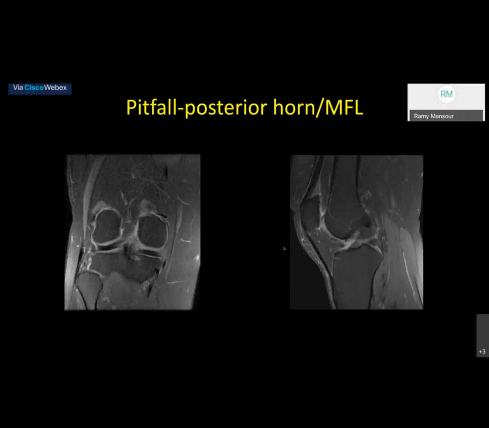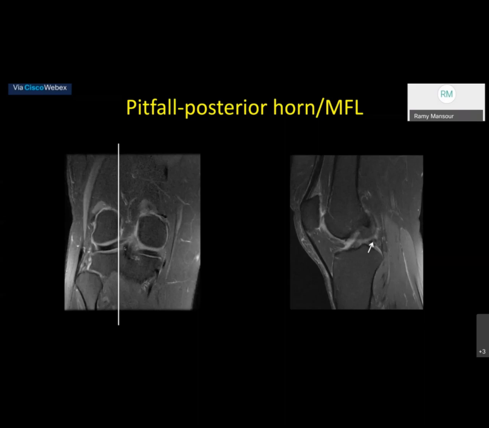One of the pitfalls you need to be aware of, so as not to overcall meniscal injuries, is the attachment of the posterior horn with the meniscofemoral ligament. This is mainly seen in the sagittal plane. If you're going through a knee MRI and you see this line between the root posteriorly and the posterior horn, you need to check where you are exactly. If you are at the junction between the posterior horn and the meniscofemoral ligament, most probably this is not a true tear.